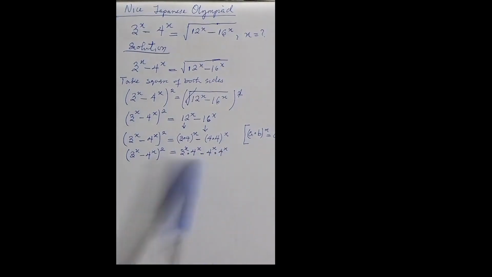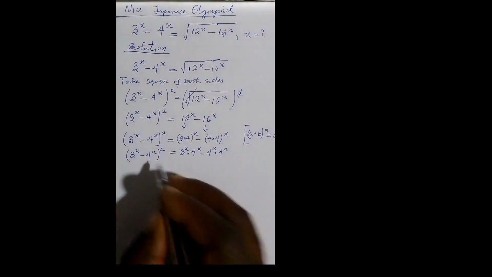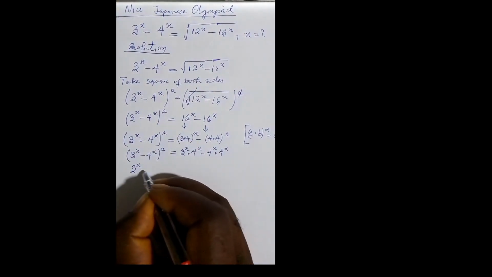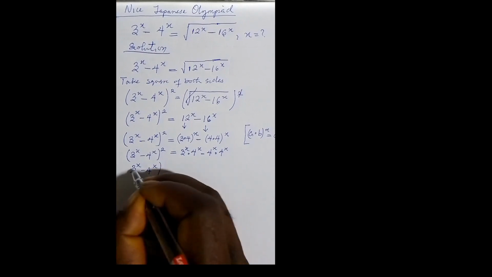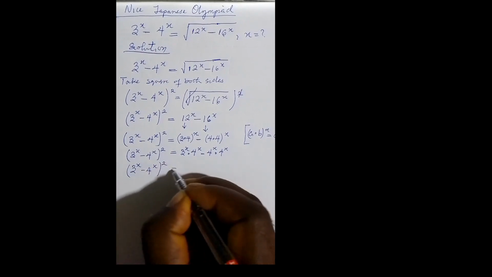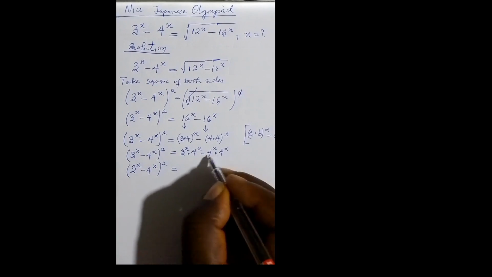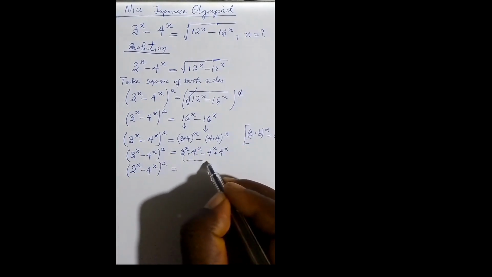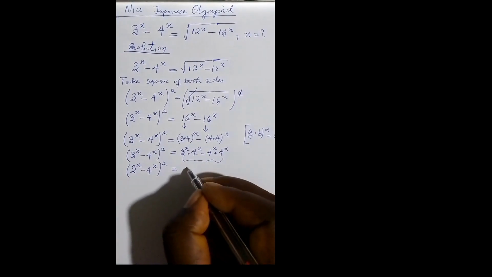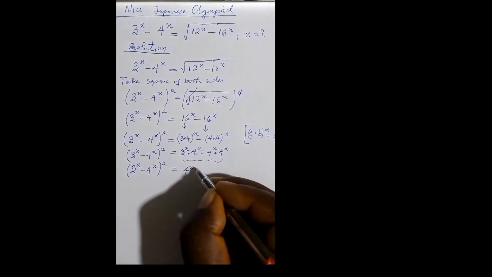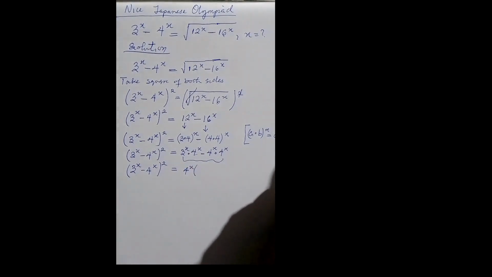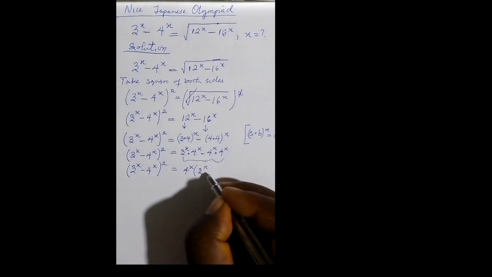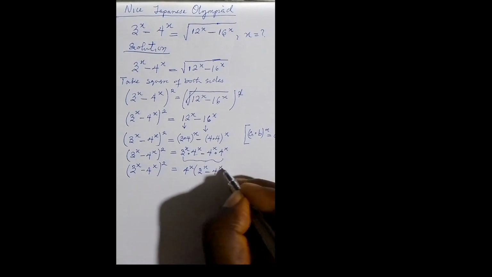So we have (3 to the power of x minus 4 to the power of x) all squared equal to, 4 to the power of x is a common factor on the right hand side, so we factorize it out, and then in the bracket we have (3 to the power of x minus 4 to the power of x).